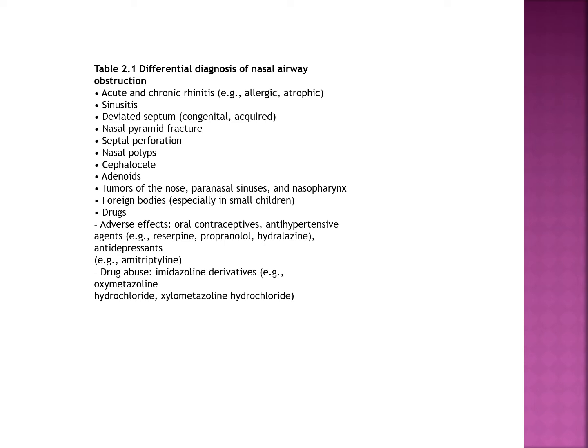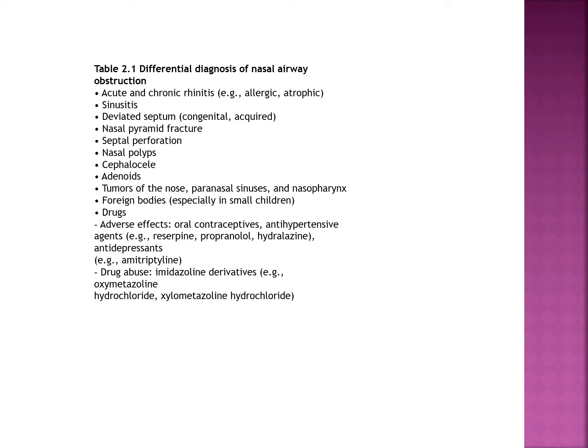So these are the differential diagnoses of nasal airway obstruction. Acute and chronic rhinitis, for example allergy, atrophic rhinitis, sinusitis, deviated septum.